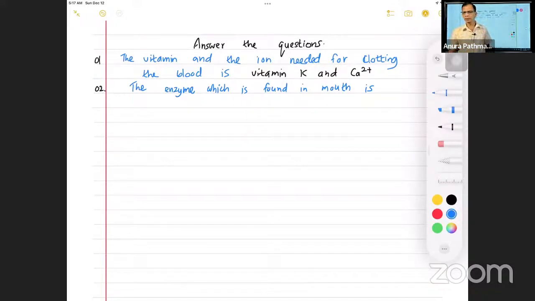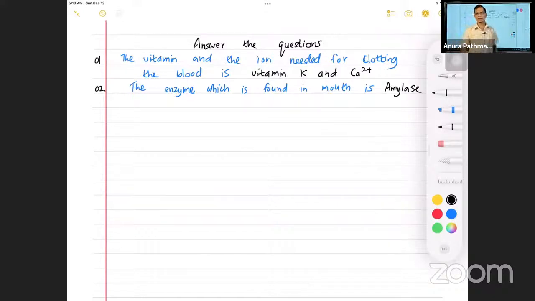Saliva is not an enzyme, my dear. In saliva, you have amylase. Amylase enzyme is the first enzyme to digest food at the mouth, and that is the carbohydrate.